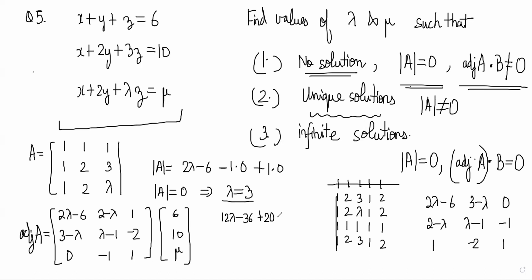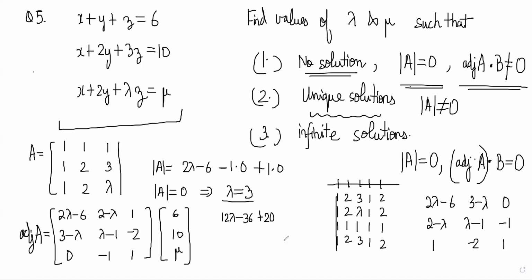And for the value of mu, I only got what it should not be equal to. What should it not be equal to? It should not be equal to 10, 22, or 2. And 2, sorry.